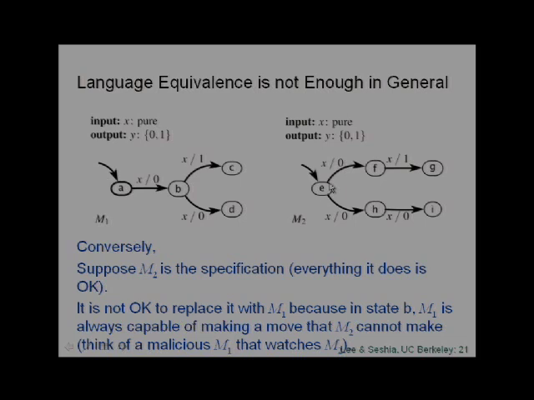Okay, so a convenient way to think about simulation is as a game between these two machines. To say that M1 simulates M2, we're going to construct what's known as the simulation relation. The simulation relation is a set of pairs of states, one of M2 and one of M1.